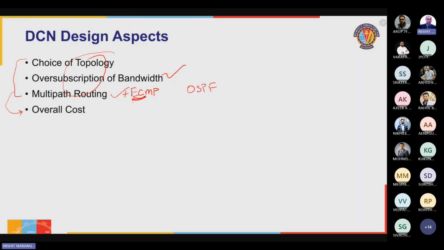I don't know how many of us in this team work in a data center network as network administrators, but if somebody does, you can understand what I'm trying to say. Designing a data center network is a complex job. There are a lot of aspects that you have to look at under the overall constraint of budgetary cost.